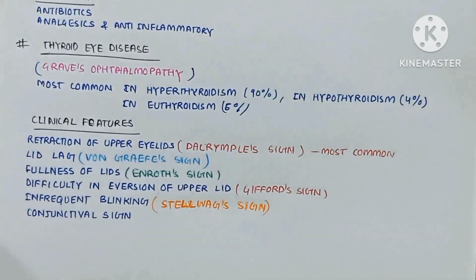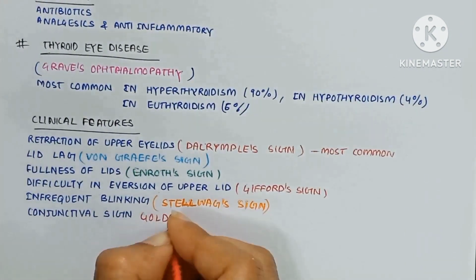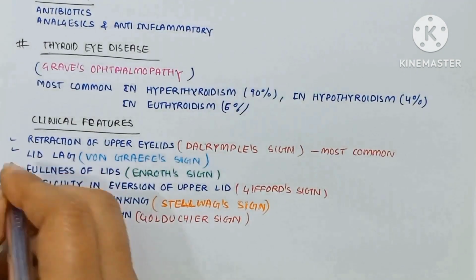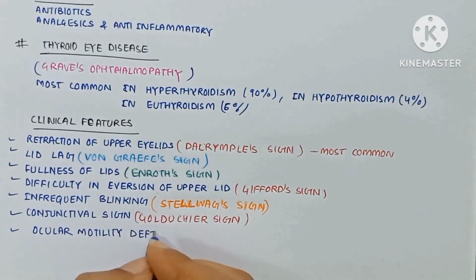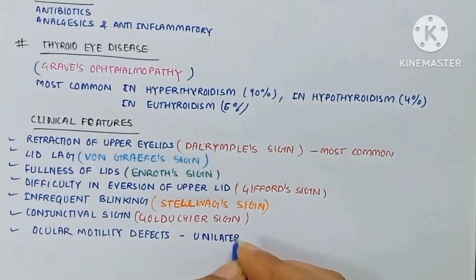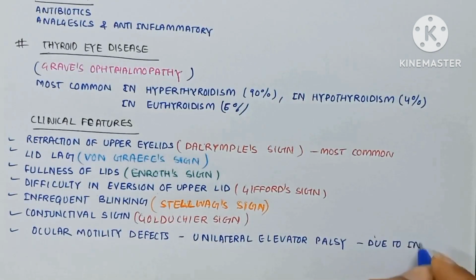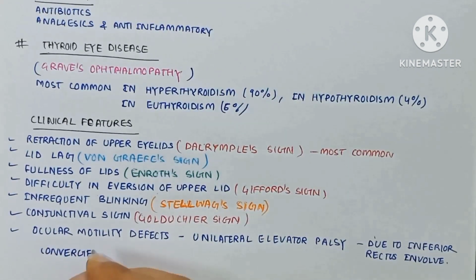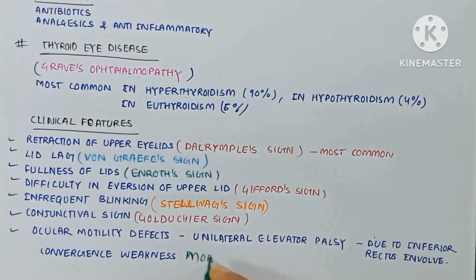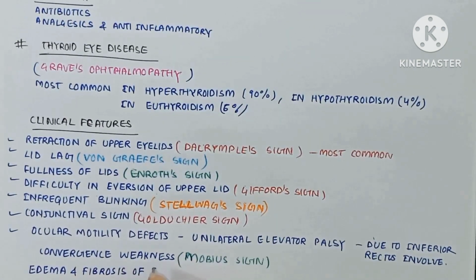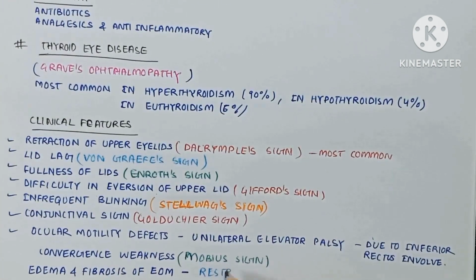The conjunctival sign is Goldzieher sign. The ocular motility defects are unilateral elevator palsy, which is due to inferior rectus involvement, convergence weakness, Moebius sign, and edema and fibrosis of the extraocular muscles, causing restrictive myopathy.